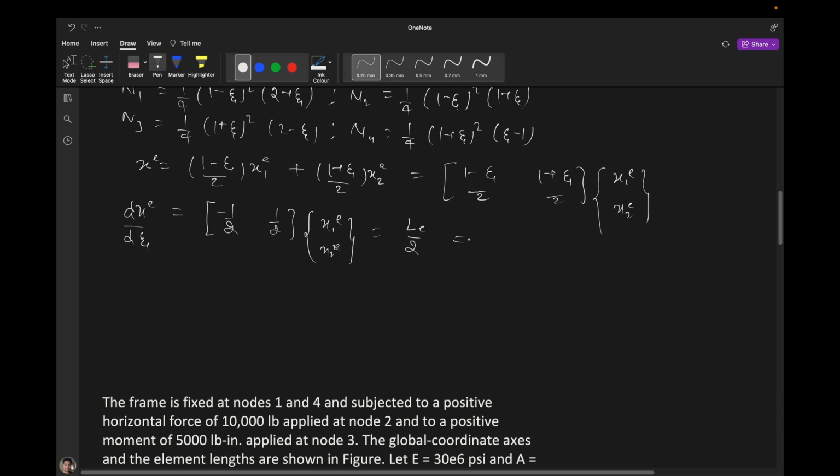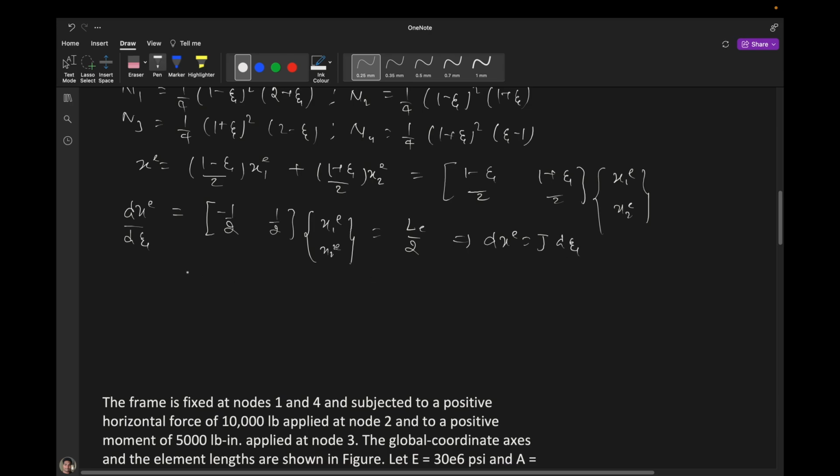So I can write dxe as this term. This term is nothing but the Jacobian for this element, so I will write it as J d zeta.